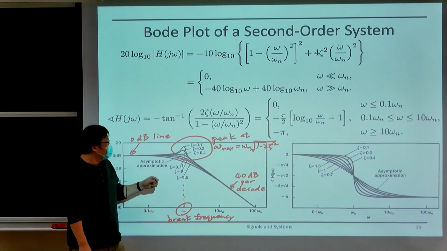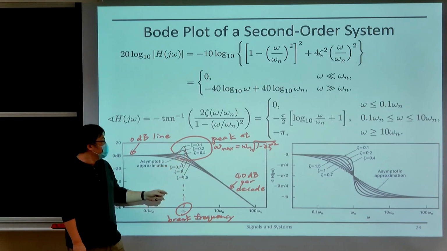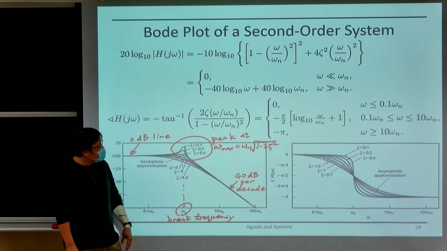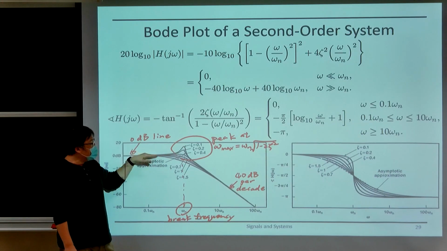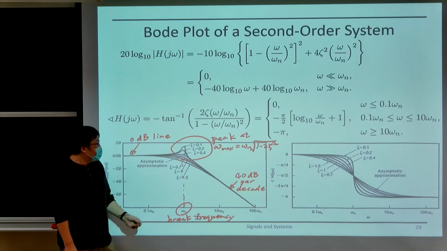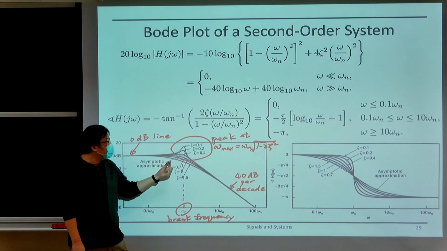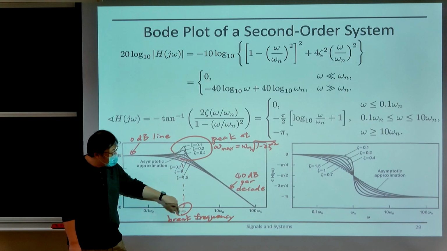Right. So what does this peak imply here? This peak implies that the frequency response of the filter, the gain that is imposed on the input signal, has a large value at a narrow bandwidth around omega n.